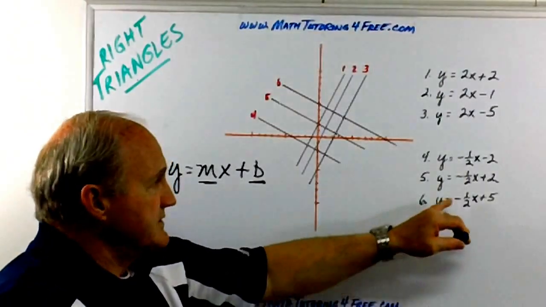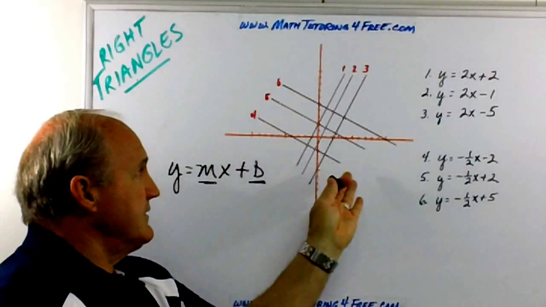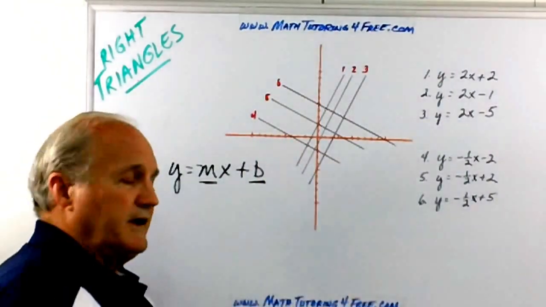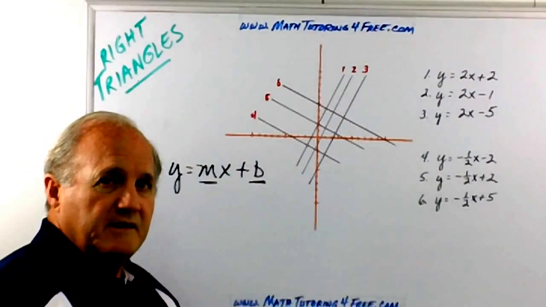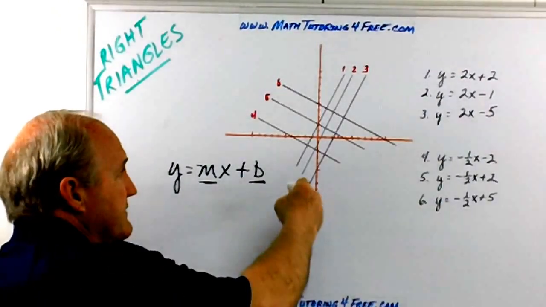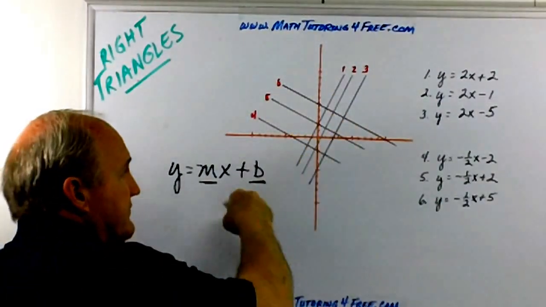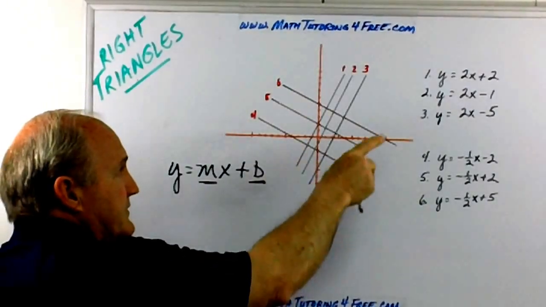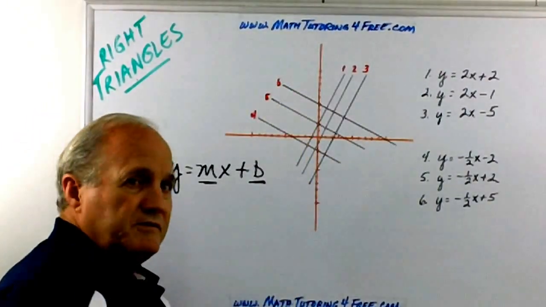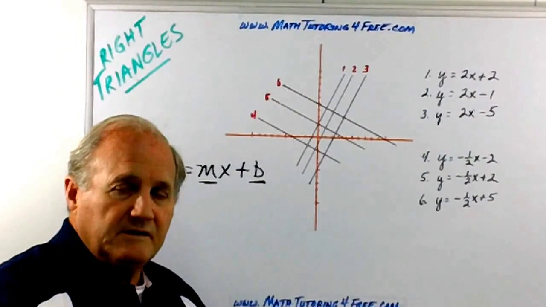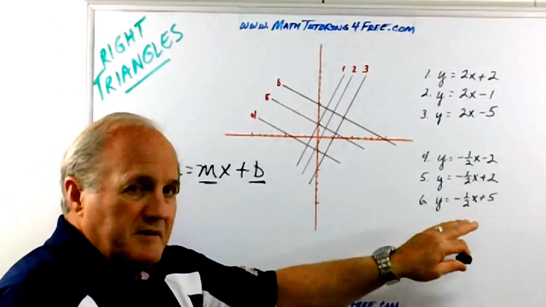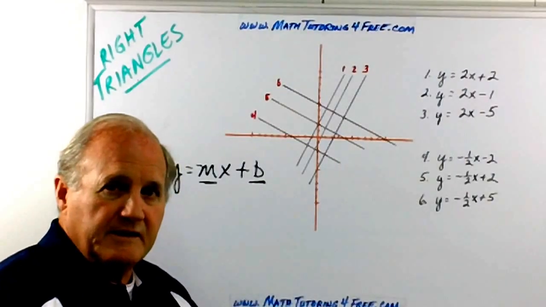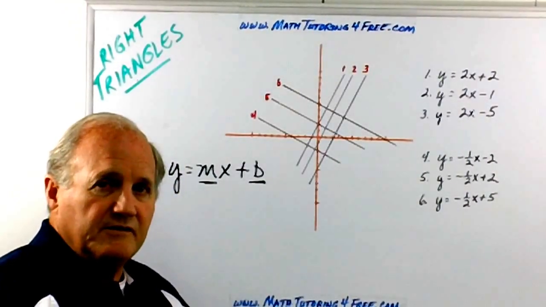And you notice with 1/2, the line is in a more horizontal position. In the case of the first parallel lines, those had a whole number, and so the slope was much straighter up and down. So try to remember negative inverse for the slopes.